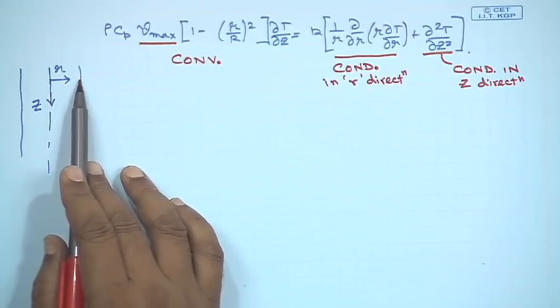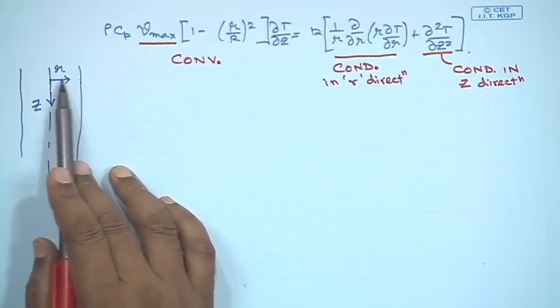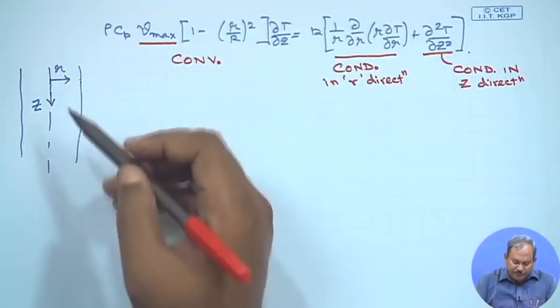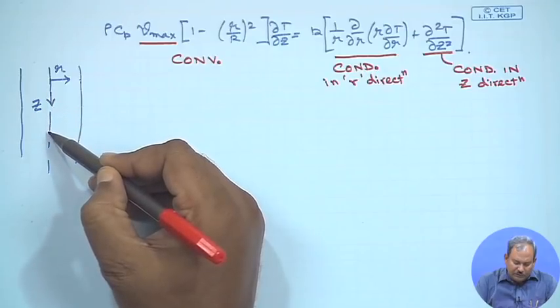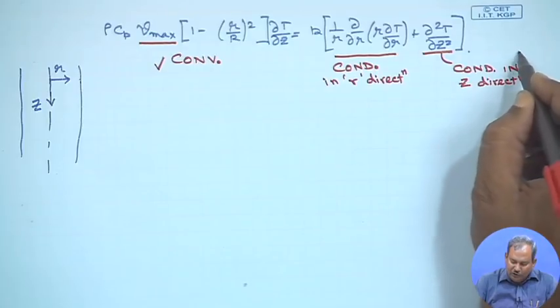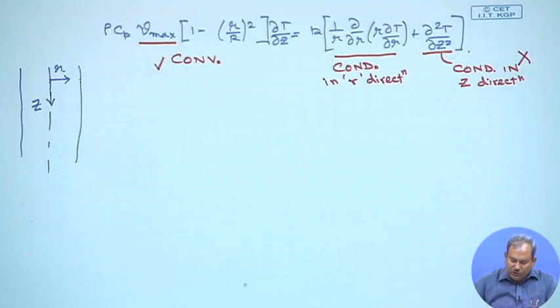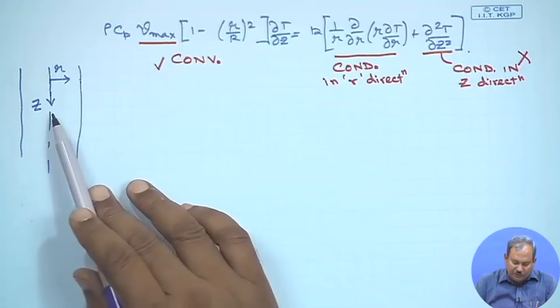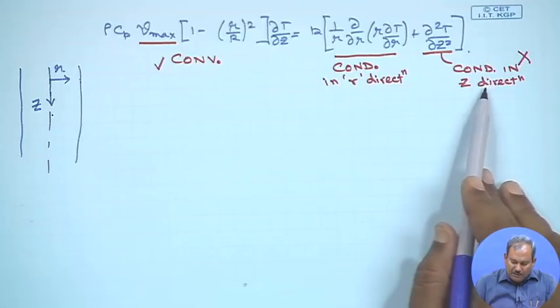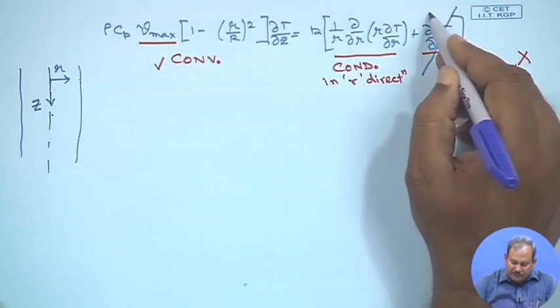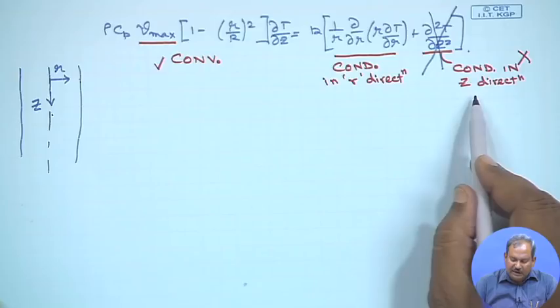So, there is a sharp temperature gradient from the wall to the center line, but as the fluid moves in the z direction, the principal reason for heat transfer in the z direction is convection and not conduction. So, since the principal reason of heat transfer in the z direction is convection, I should be able to safely neglect, without introducing appreciable error, any conduction that takes place in the z direction.